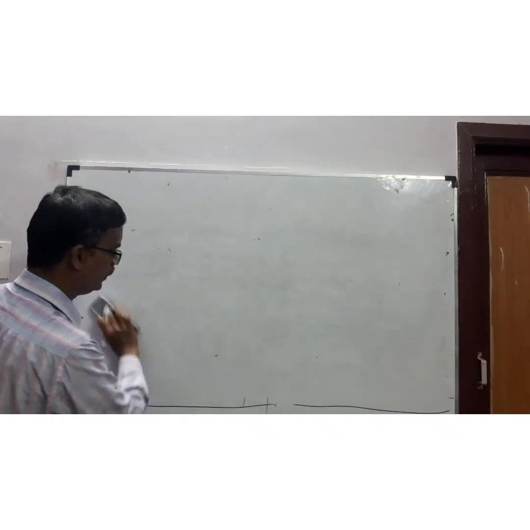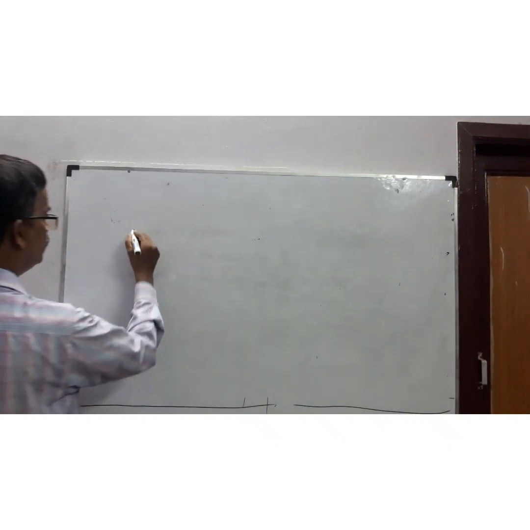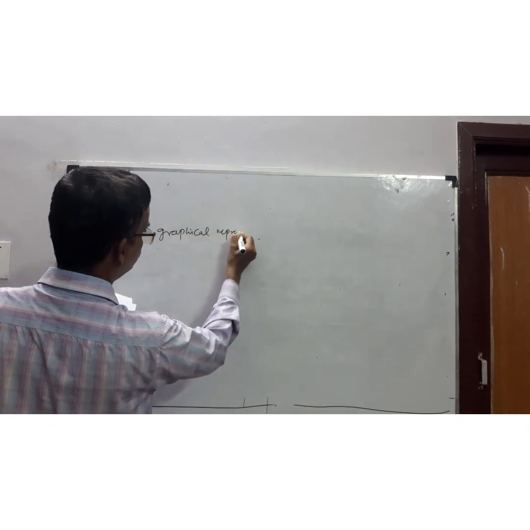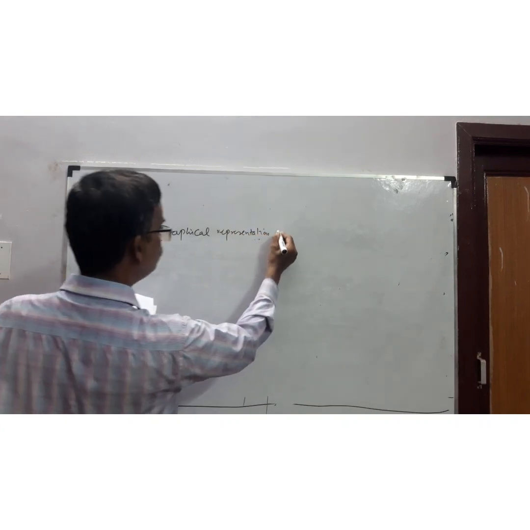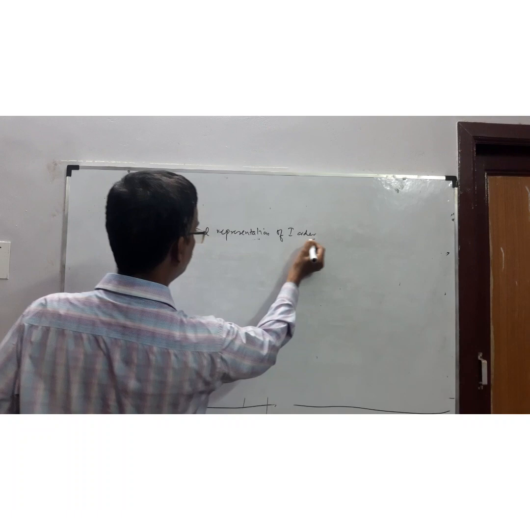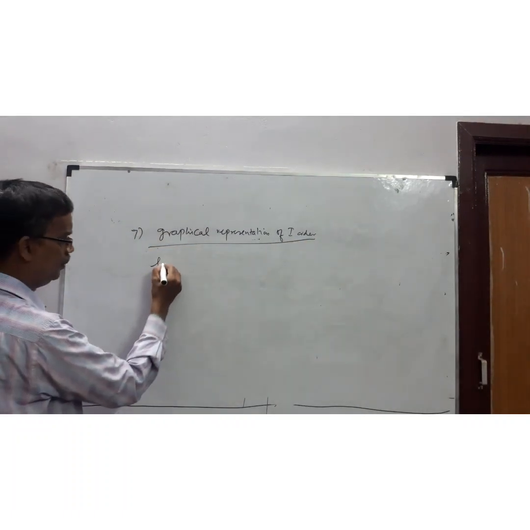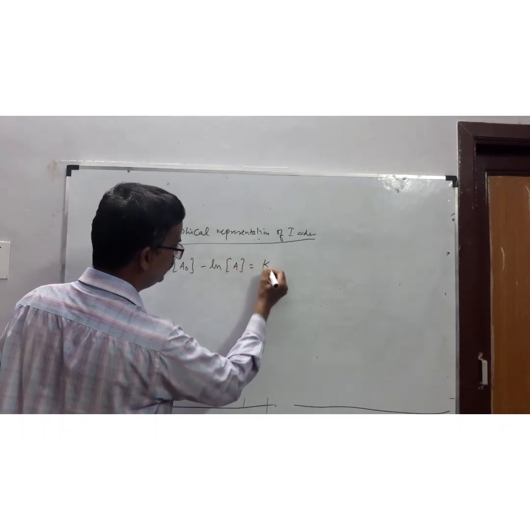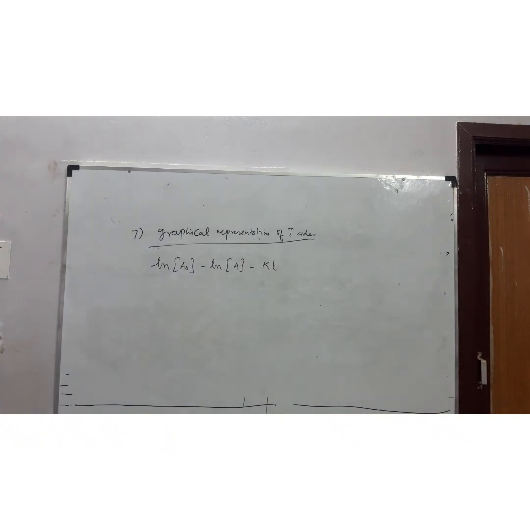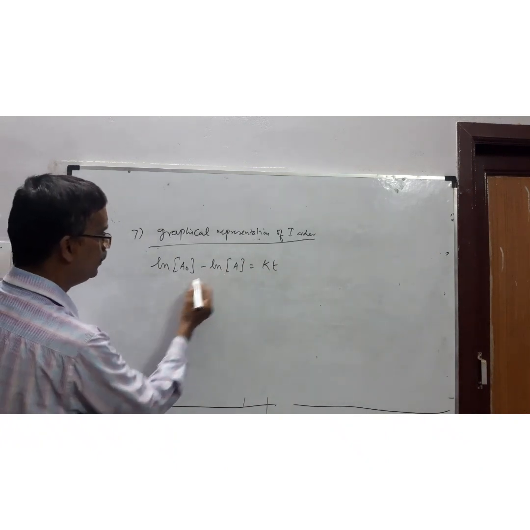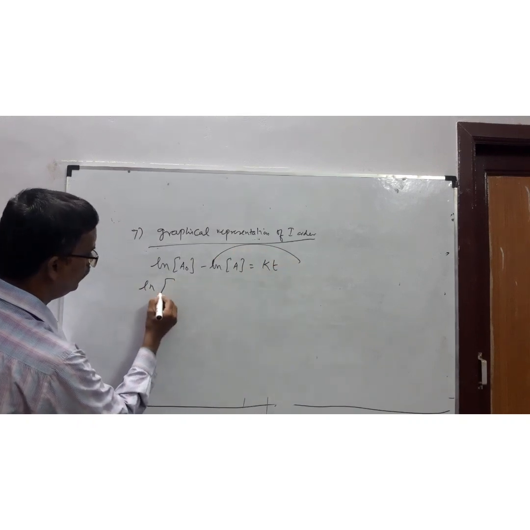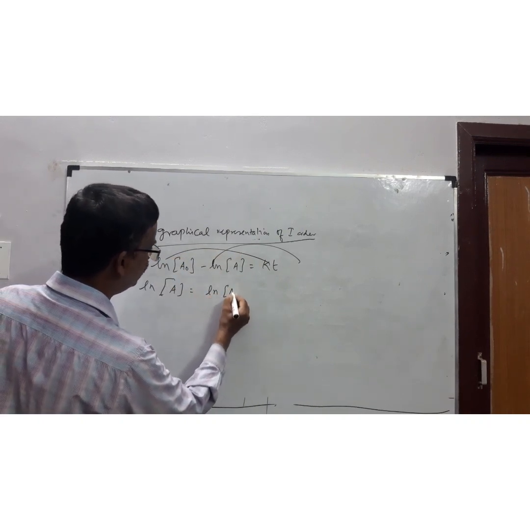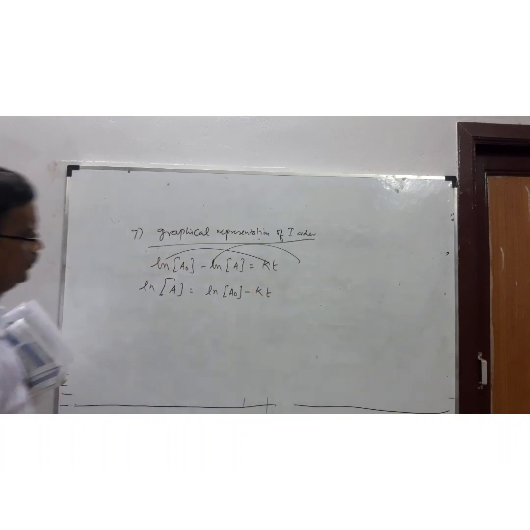For a first order reaction, ln A naught minus ln A equals kt. So ln A equals ln A naught minus kt.